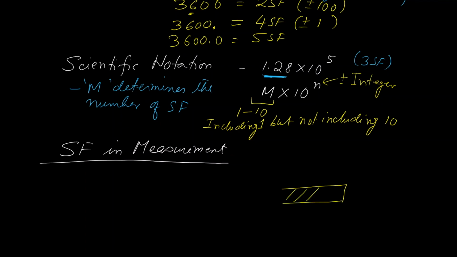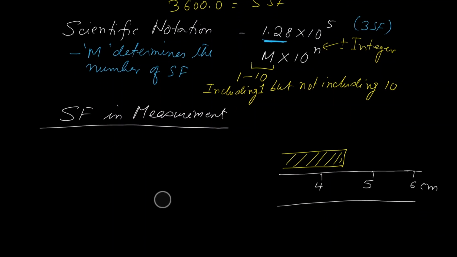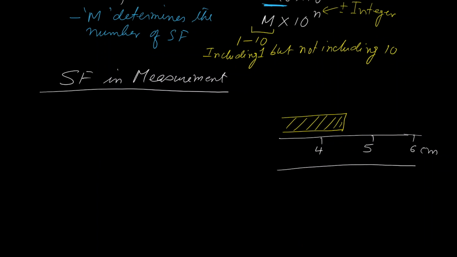Let's say that I'm trying to measure the stick here with a ruler. So this is 4, this is 5, and 6, and this is in centimeters. Now, if you look at it, I am certain that this is 4 centimeters plus something. Significant figures basically consist of the certain number and my eye estimate.